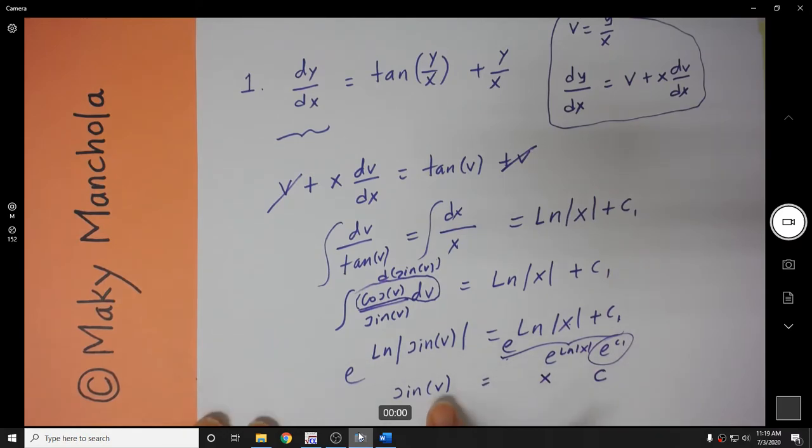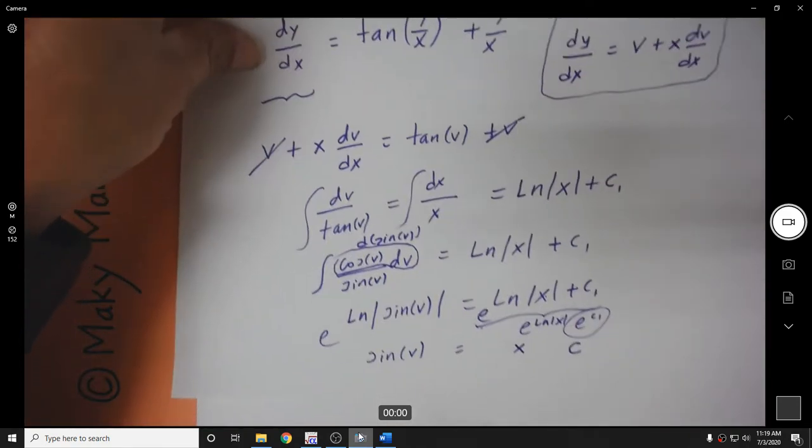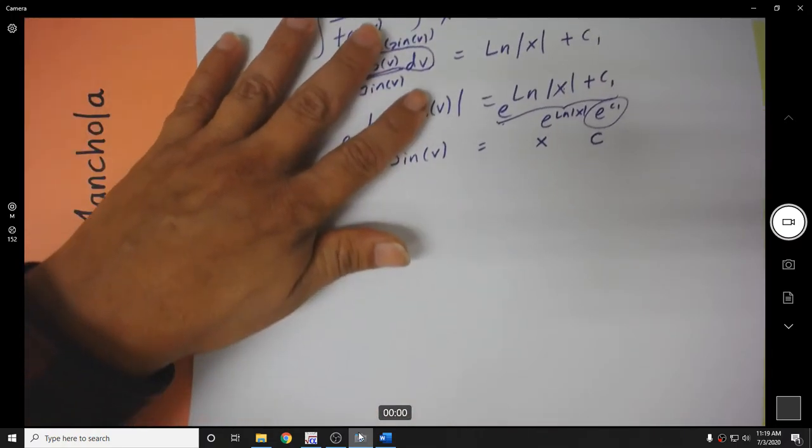One last detail. Our given differential equation involves the variables x and y, so I should back substitute, replace v back by y over x, and then do the corresponding algebra.